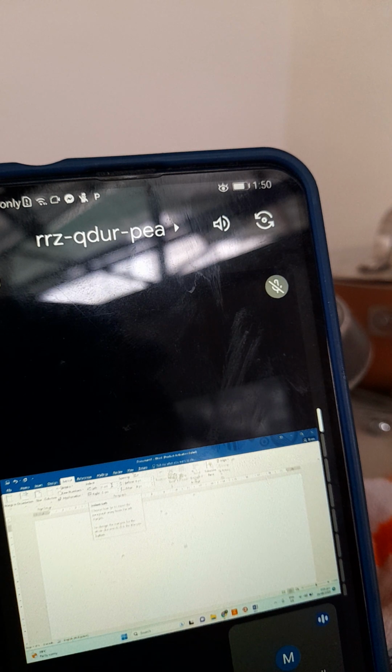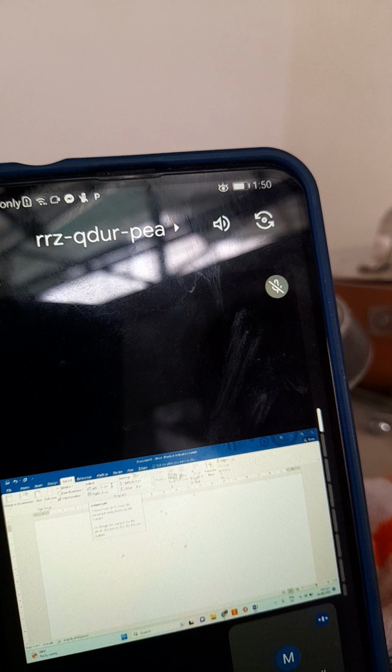So 1.5 inches, what is the conversion into cm? 3.8. The 1 inch is 2.54.